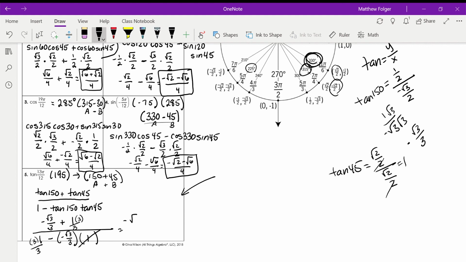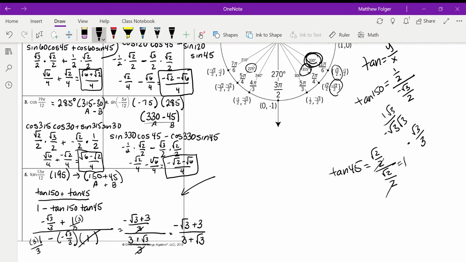We have negative square root of 3 plus 3 over 3 all over 3 minus negative square root of 3, which is plus square root of 3 over 3. And then we can cancel these. So we have negative square root of 3 plus 3 over 3 plus square root of 3.